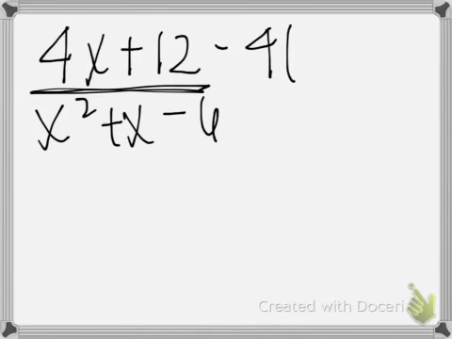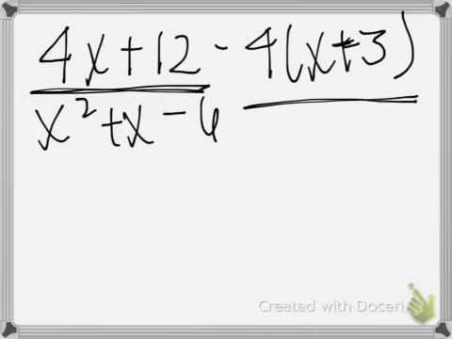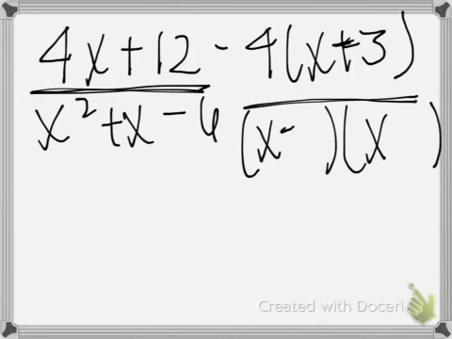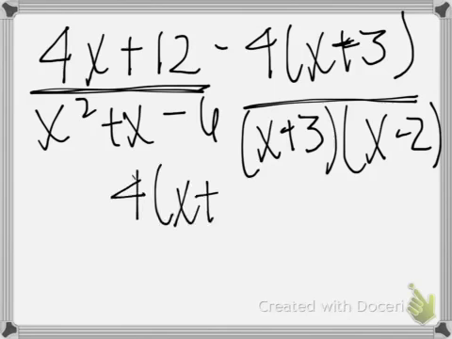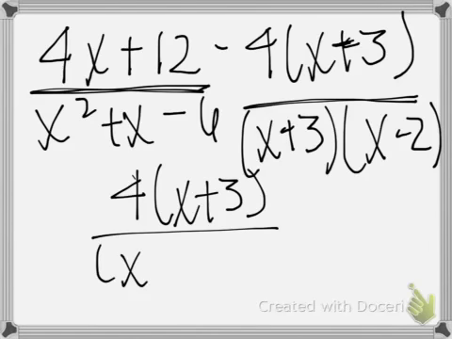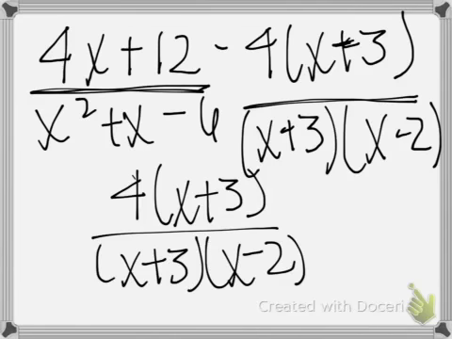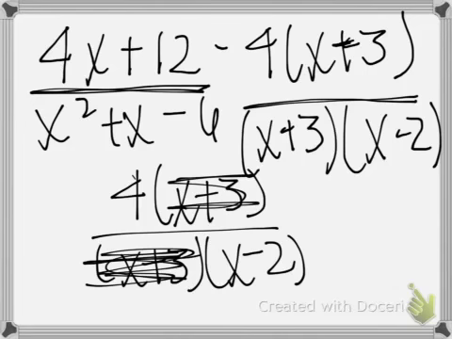So you have 4 times x plus 3 over x plus 3, x minus 2. Okay, now here's our full factored form. As we know, you cancel out what is the same on the bottom and top, so you have x plus 3 and x plus 3. So you're left with 4 over x minus 2.